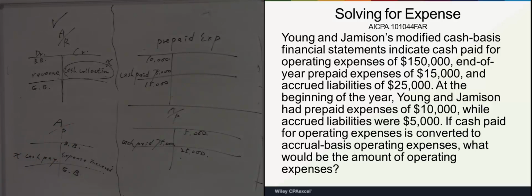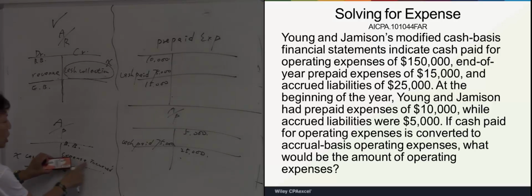The question asks, if cash pay for operating expense is converted to accrual, what will be the amount of operating expense? The amount of operating expense is an accrued expense. In other words, the question is asking how much expense was incurred and recorded on the book.